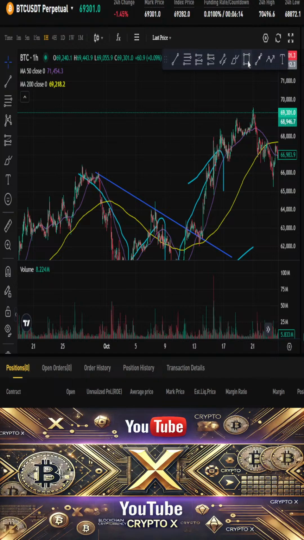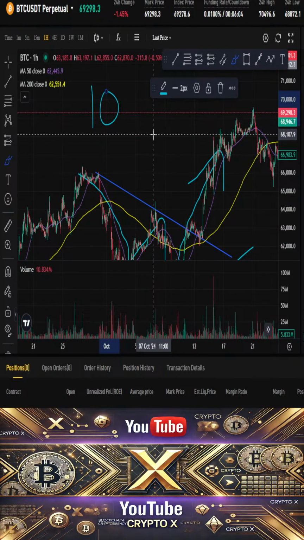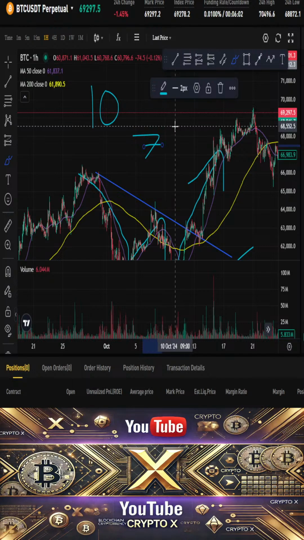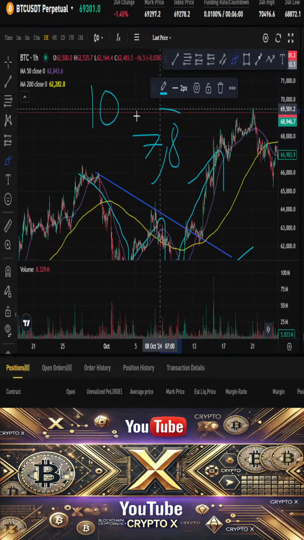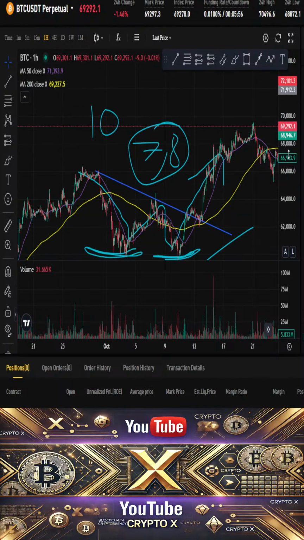Out of around 10 trades of W pattern, you will win around 7 or 8. But take all of them. If you take one trade, then don't take another one, then your hands are up.